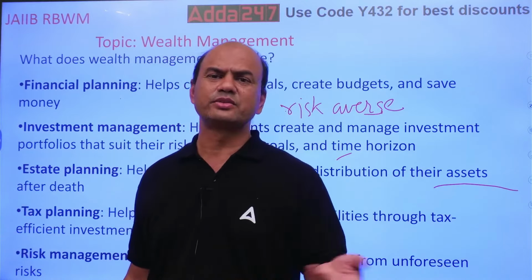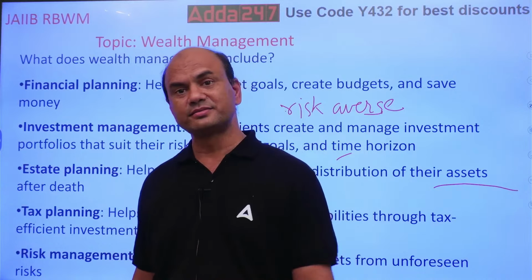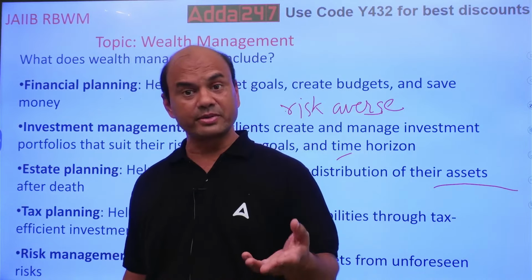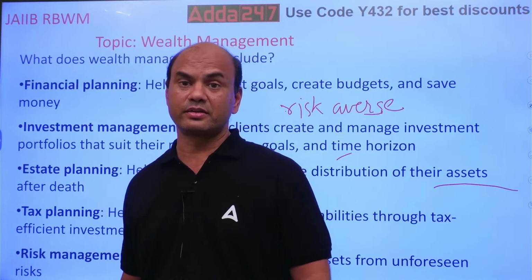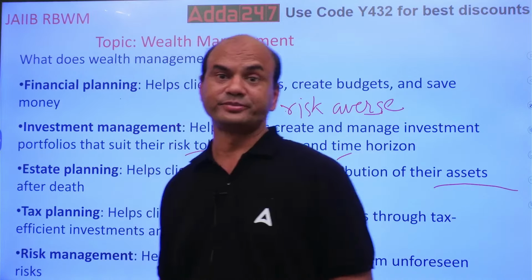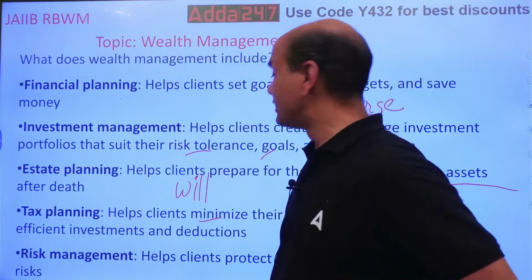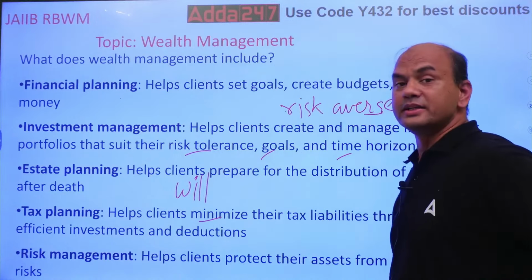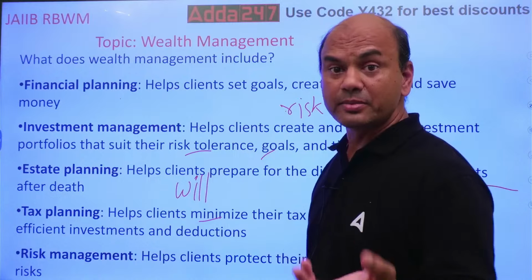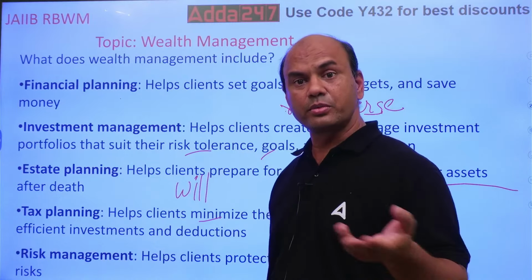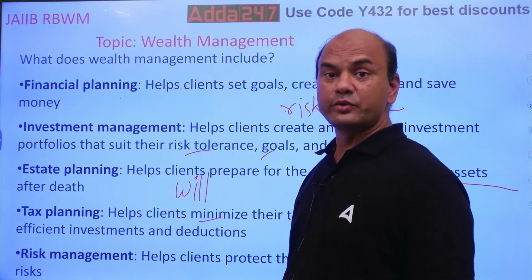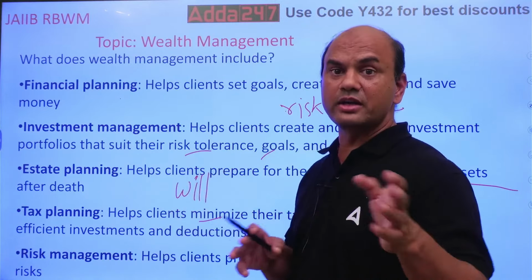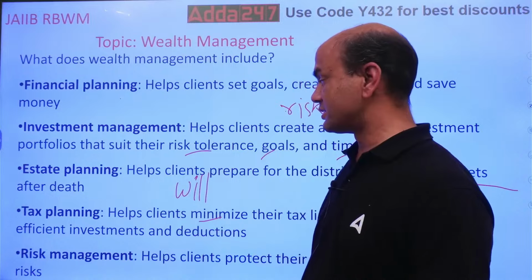Why? 80G. 50% deduction in whatever you donate. Okay, 50% tax deduction. Second, as I told you, political parties. If you donate to political parties, all your money is tax free. That's why these big guys always donate to these political parties.